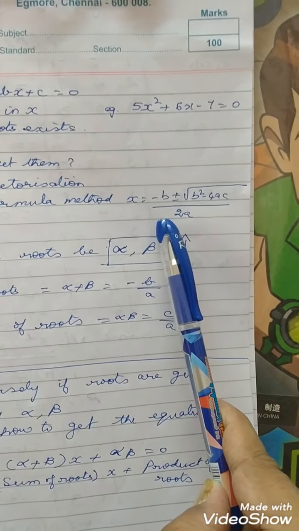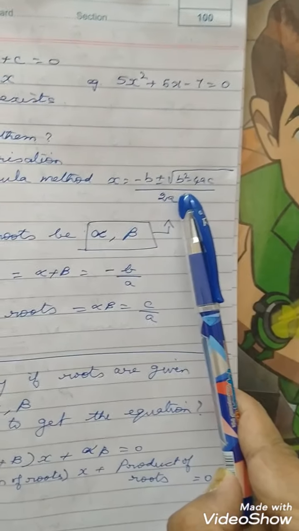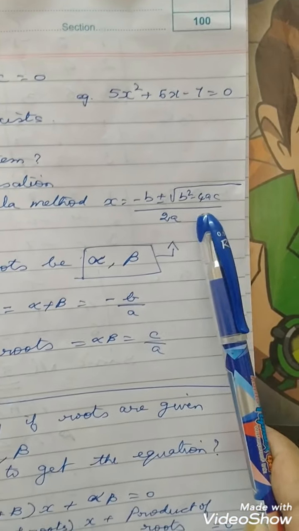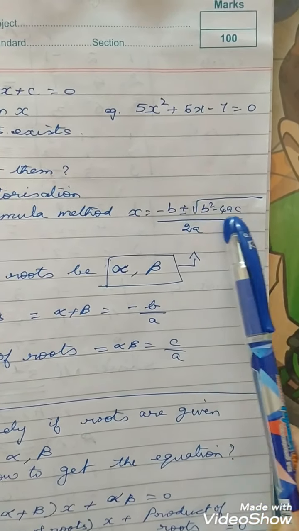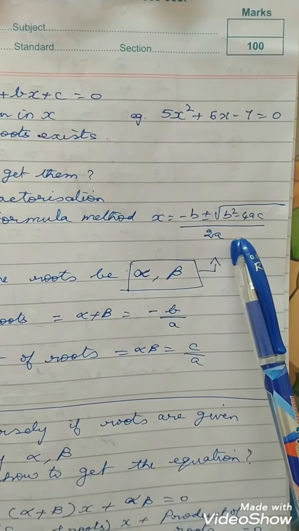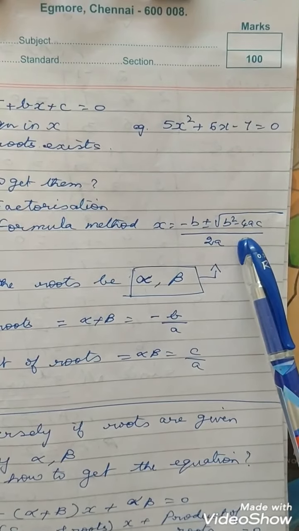And the formula, you know that x is equal to minus b plus or minus root of b squared minus 4ac divided by 2a. And please remember, the whole thing has to be divided by 2a. Now, using these methods, you will be able to get the roots of the quadratic equation.